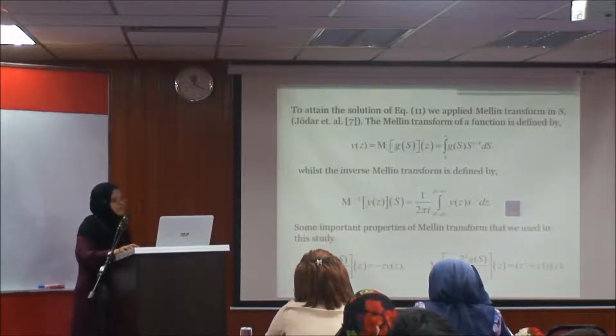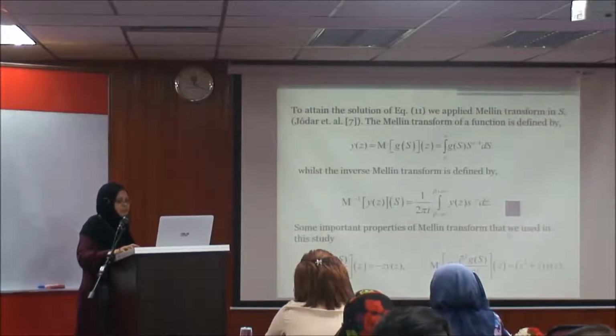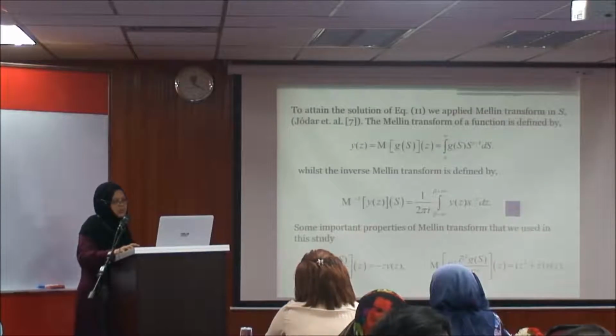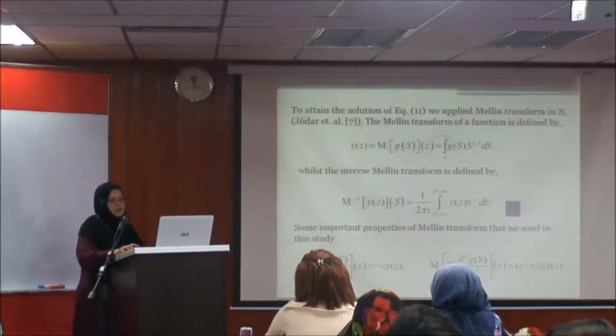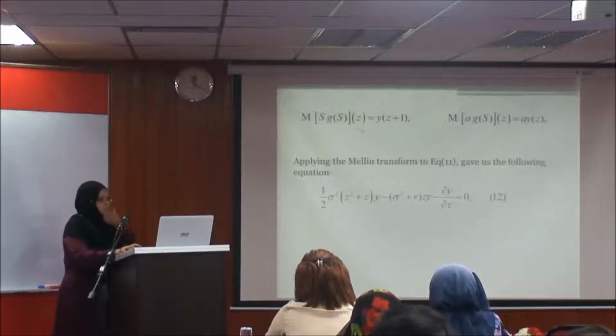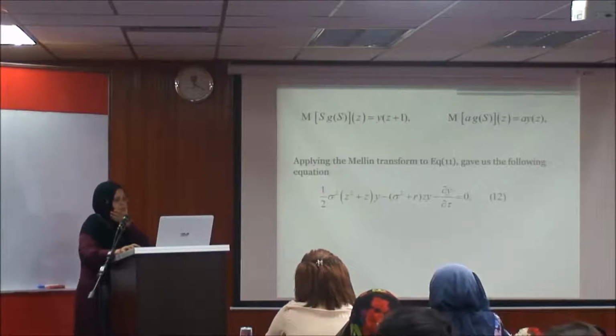So these are some of the properties of the Mellin transform that we use in this study. You can see this is the first order partial, this is second order. So this is the transformation that we are going to get after we use this Mellin transform, and also these other two. Okay.